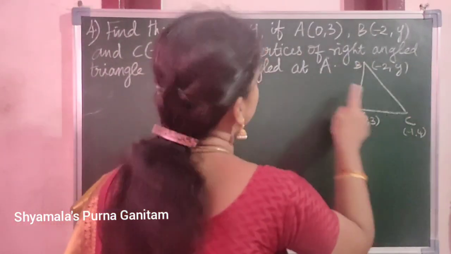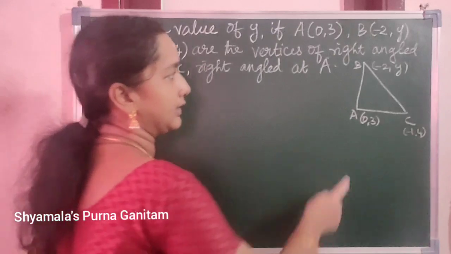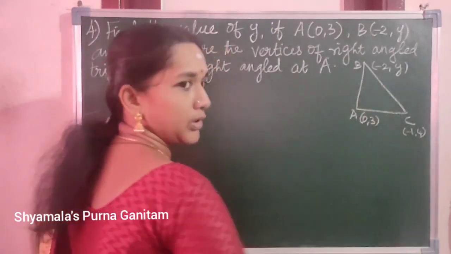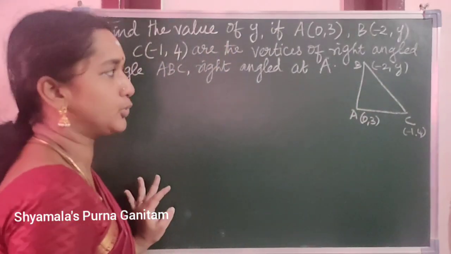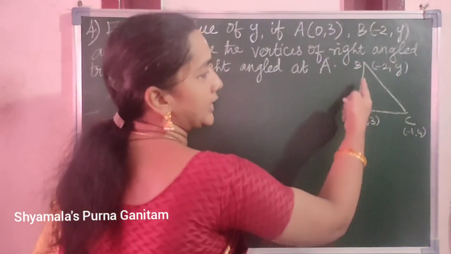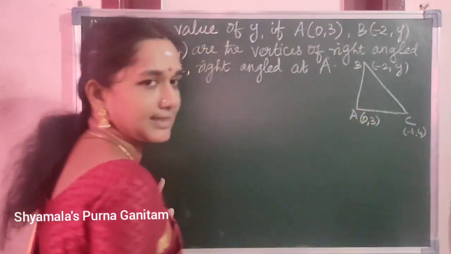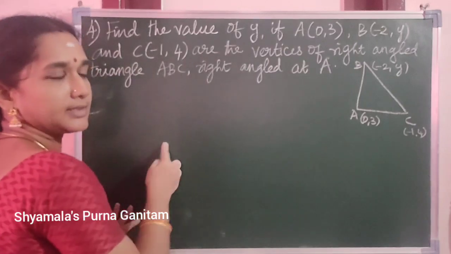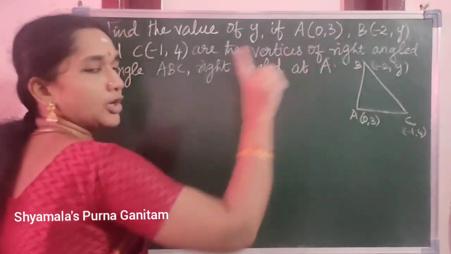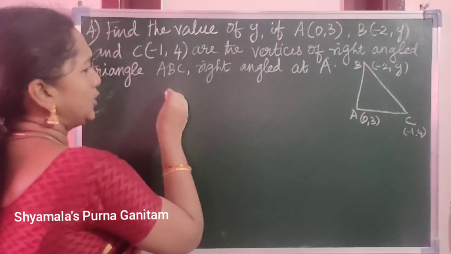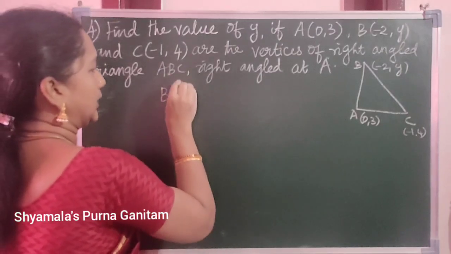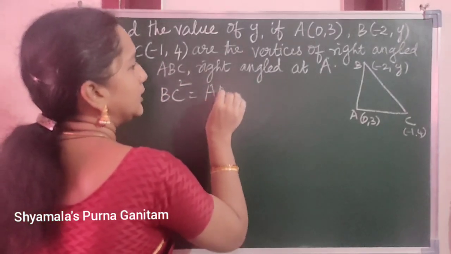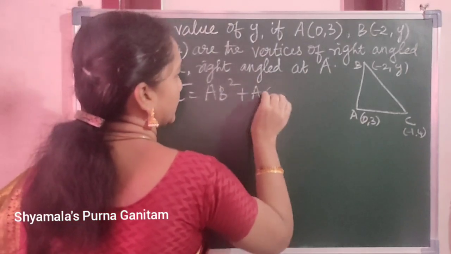Since it is a right angle triangle, hypotenuse squared is equal to the sum of the squares of the other 2 sides, that is BC squared is equal to AB squared plus AC squared. All these explanations you have to write, since it is right angled, and you have to draw the diagram. Then you write BC squared is equal to AB squared plus AC squared.